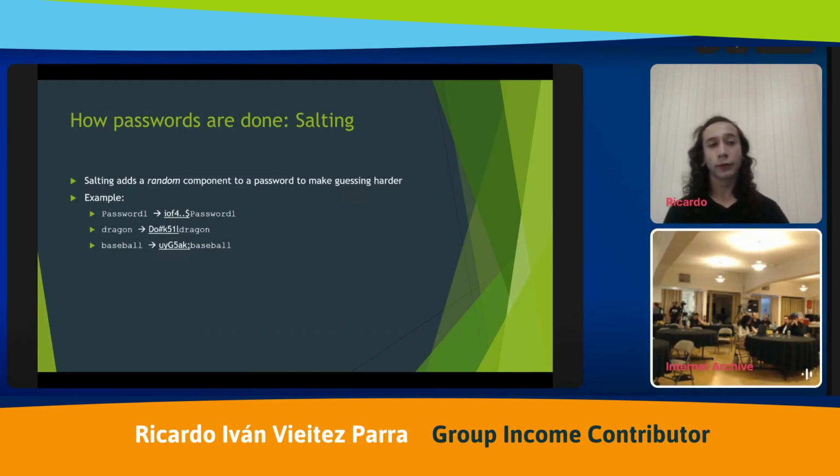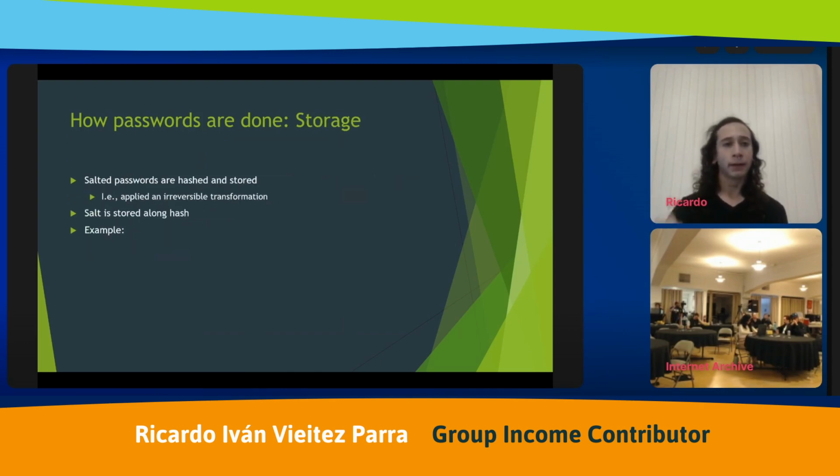from the password, even if it might look like that from the examples I had, because everything is different. But if you have two users that have the same password, in this case, let's say password one, that salt will be random, so it will be different for each user, even if they have the same password. Another good practice when it comes to password storage is that these salted passwords that we had previously are hashed.